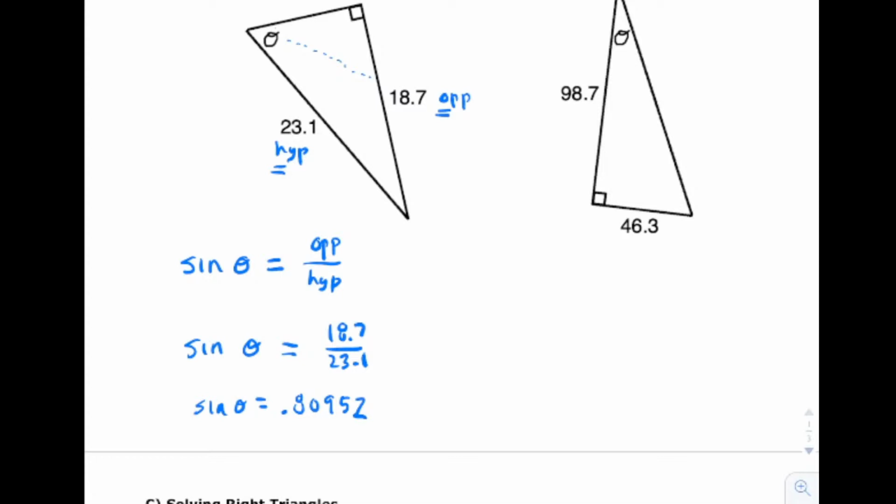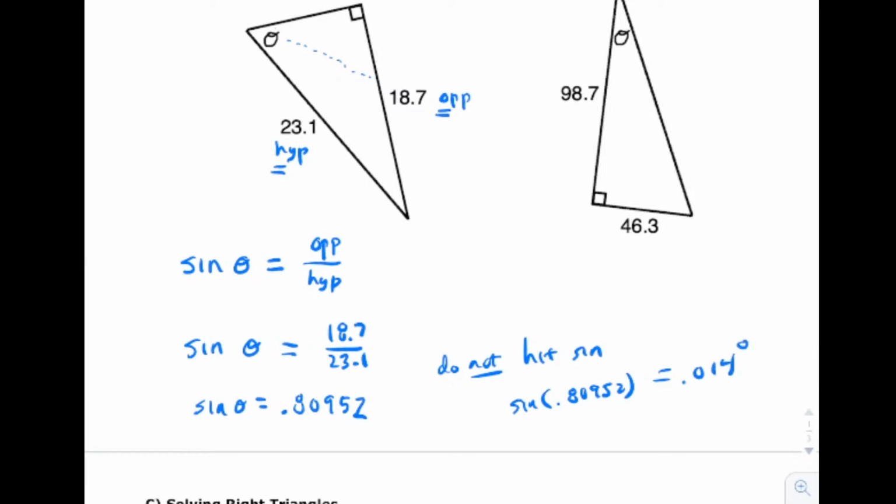Now, how are we going to get theta? Well, what you're not going to do is hit the sine button. If you did the sine of 0.80952, and I'll do that right now just for kicks, it turns out the sine of 0.80952 is 0.014.